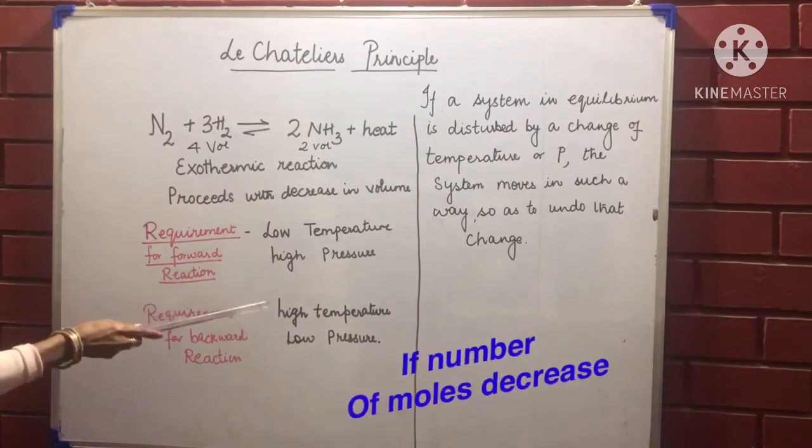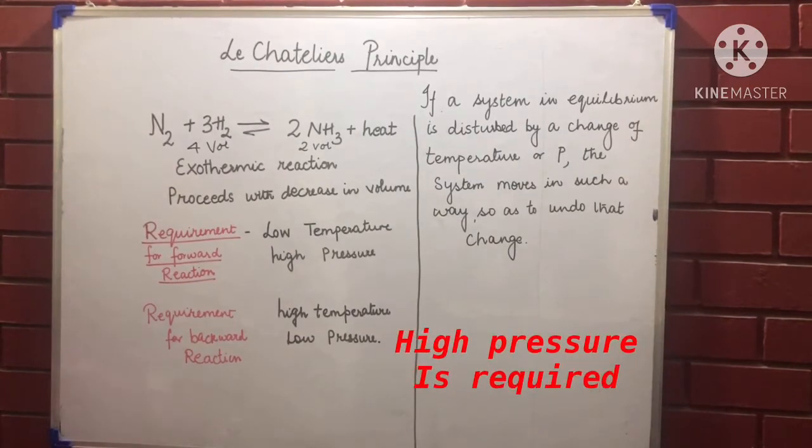If I disturb the equilibrium, the reaction starts changing its course, trying to undo that change and finally come back into equilibrium again.